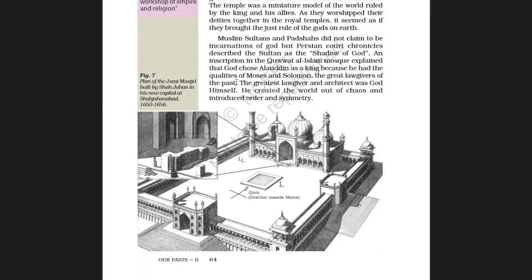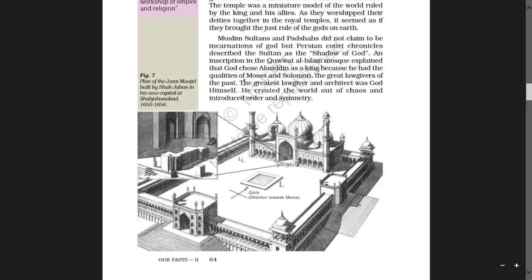Moses was the most important prophet in Judaism, and Solomon was also a great person, a king of the United Kingdom. They were the great lawgivers of the past.